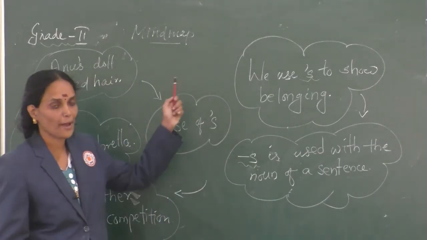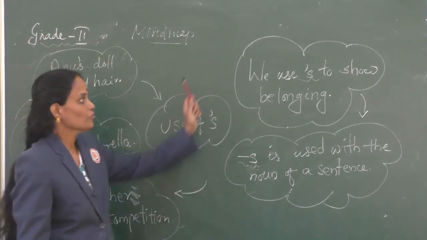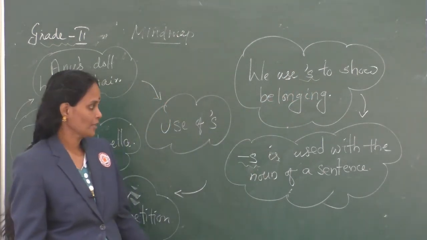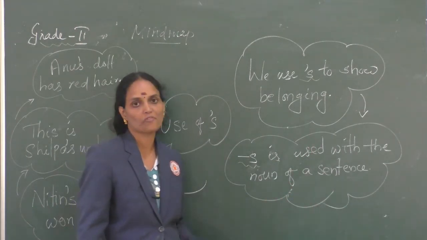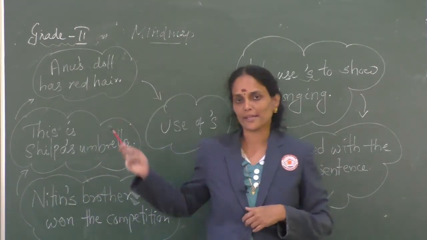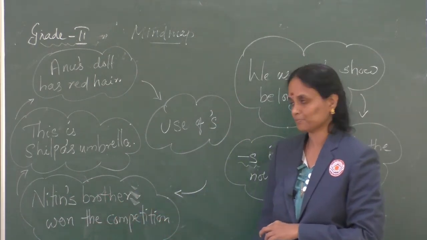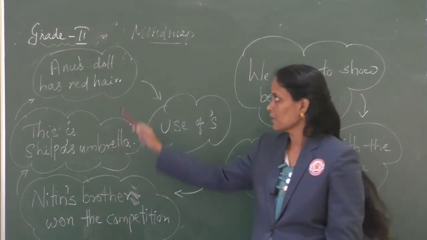Children, here is the mind map of the lesson, use of apostrophe S. We use apostrophe S to show belonging. Apostrophe S is used with the noun of a sentence. Here are some examples for you. Nitin's brother won the competition. This is Shilpa's umbrella.